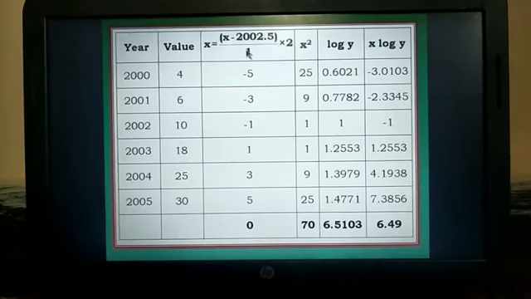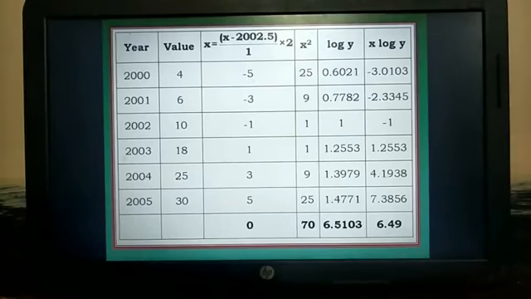Divided by 1, again it is minus 2.5. Multiplied by 2, it will become minus 5. Since it was minus 2.5, then minus into plus will become minus. So we have got minus 5 when you substitute 2000.